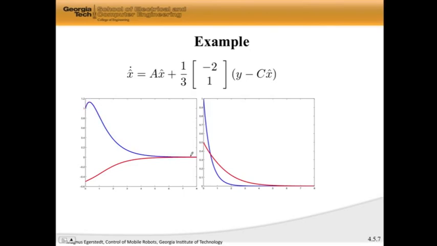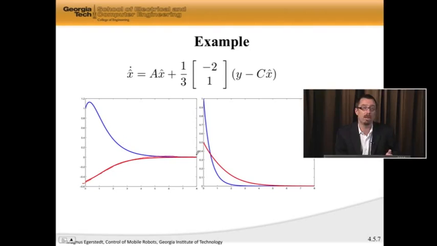And in red, you see my x hat 1. And you see that after a while, they end up on top of each other very nicely. Similarly, in the right figure, in blue, you have x2, and in red, you have x hat 2. And as we can see, the estimated state, x hat, does indeed converge to the actual state.